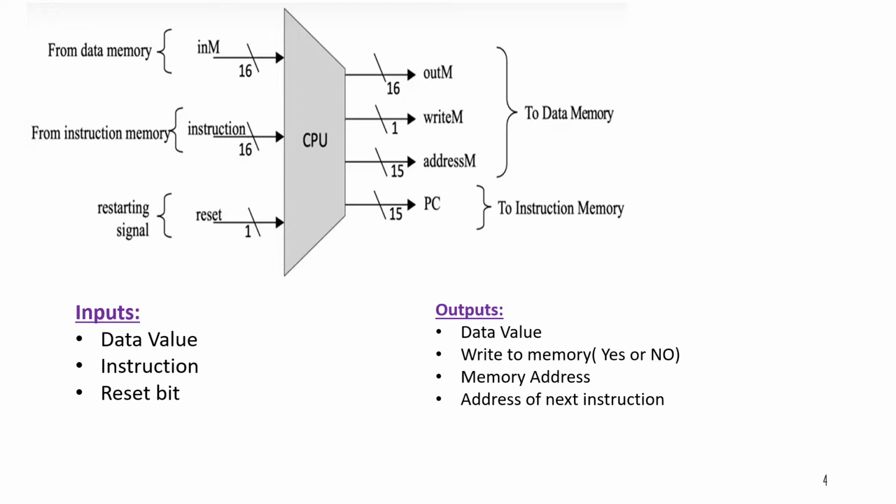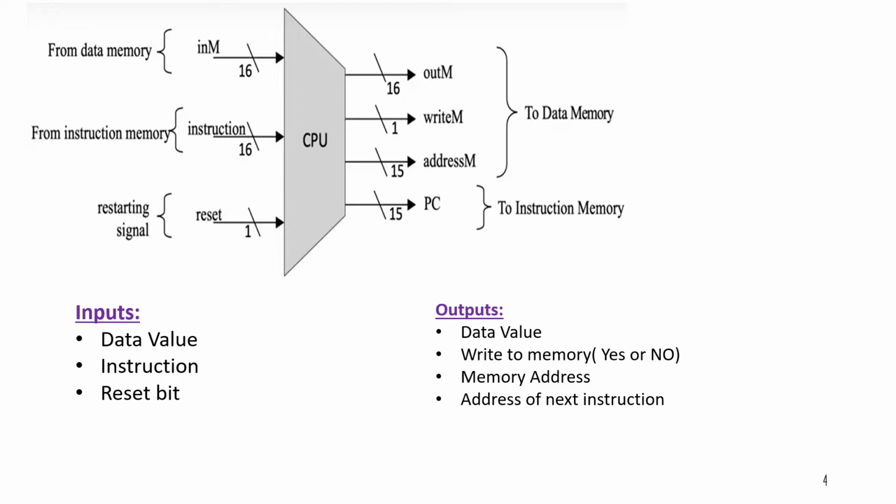Then we have four outputs, and the first three outputs deal with the result of the computation that needs to be written somewhere in the data memory. So the first one is outM, and it's a 16-bit value. It contains the result generated by the ALU.